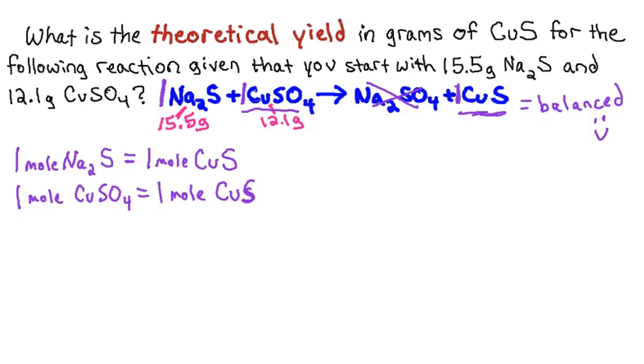Now this is asking for grams, so we need to figure out how many grams are in a mole of each of these substances, of the Na2S, of the CuSO4, and of the CuS, because these are the 3 substances we're working with. So the first one is Na2S. So Na, let's look at our periodic table.